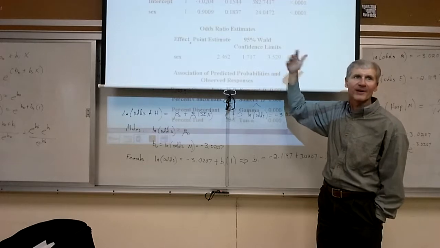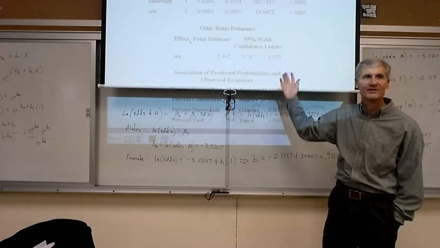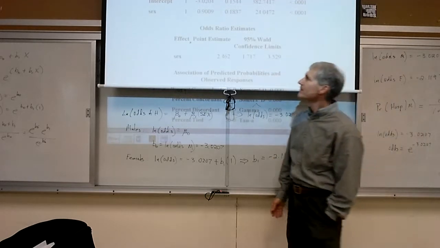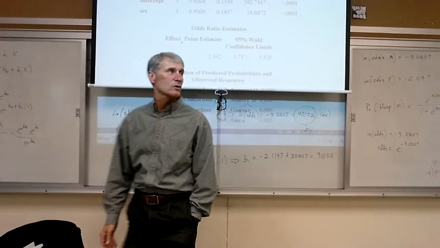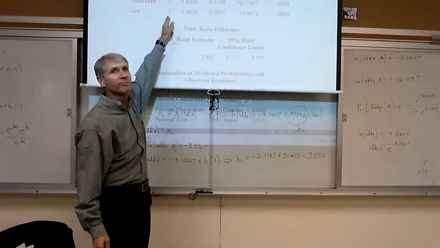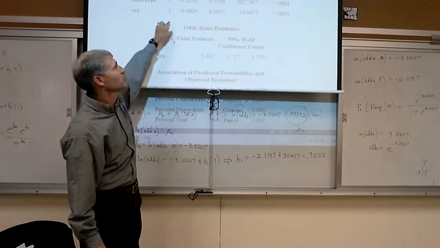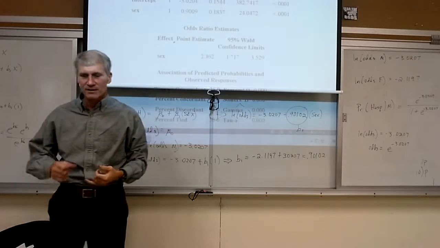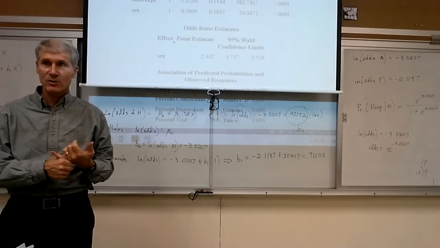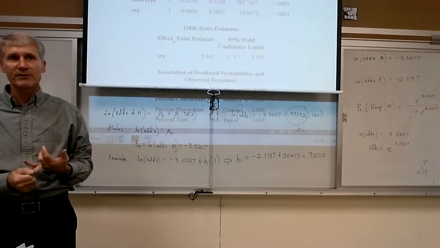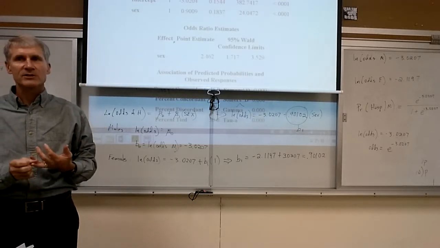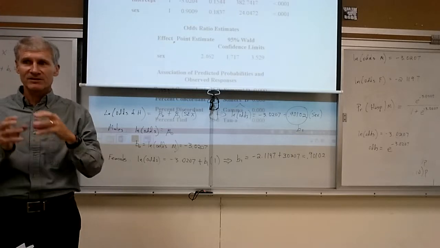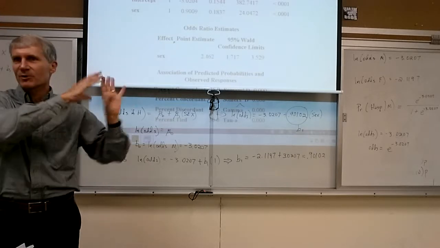I don't know why they go to chi-square, but that's the convention. You don't have to, as long as you have 1 degree of freedom. If you got a variable in here that has more than 1 degree of freedom, you'd have to do the chi-square. But a z squared is a chi-square with 1 degree of freedom. A chi-square with more degrees of freedom is the sum of a bunch of z's, and it doesn't work.